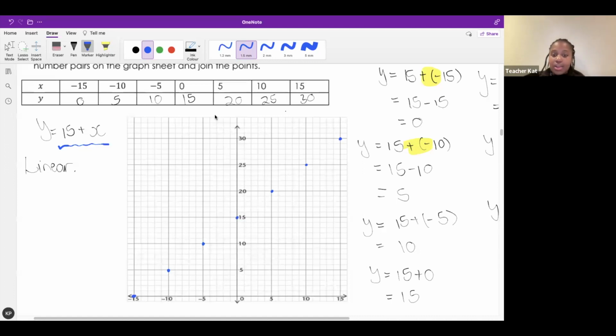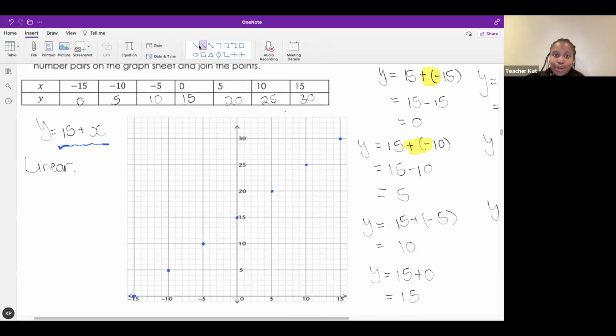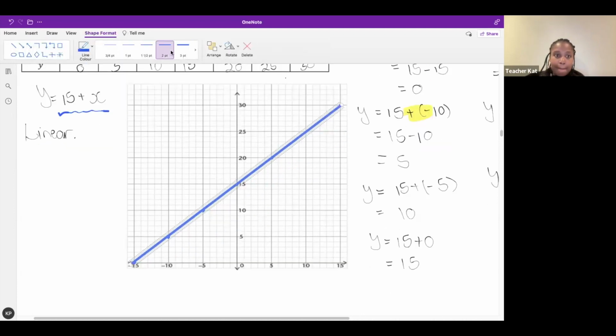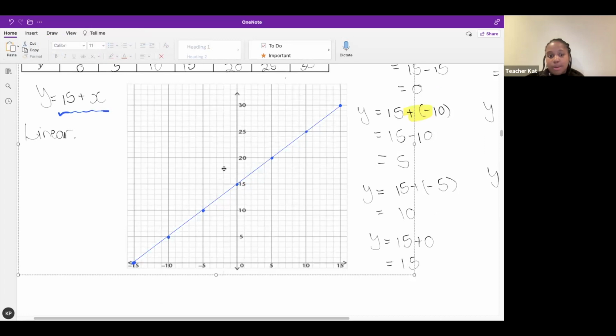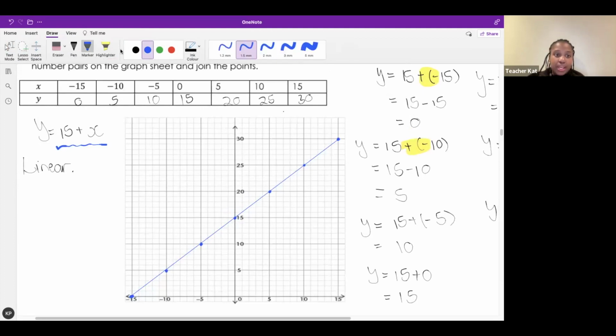Okay, luckily I do not have to draw this one. I can just use the line and join my points. And that's my graph. Now, is this an increasing or a decreasing graph? Increasing.